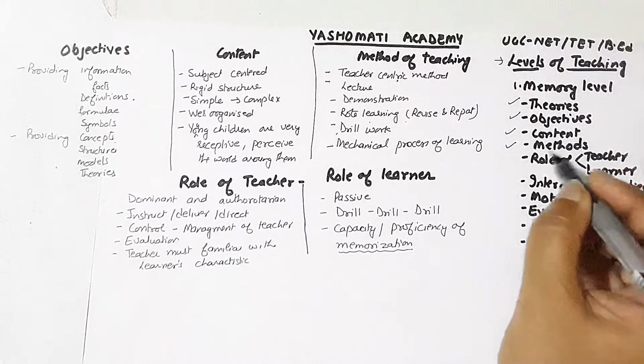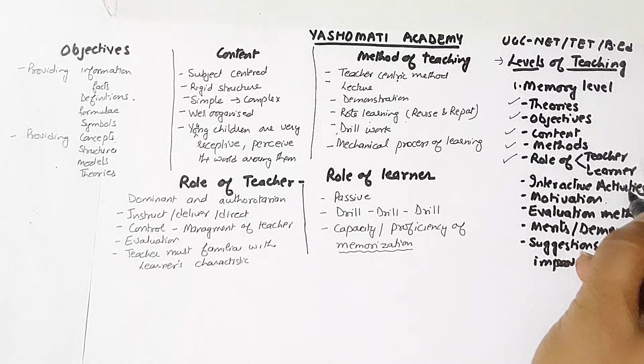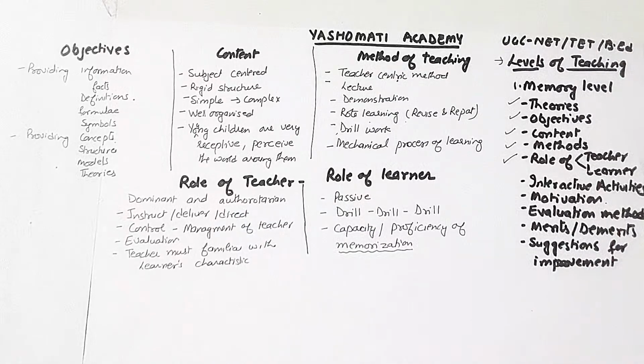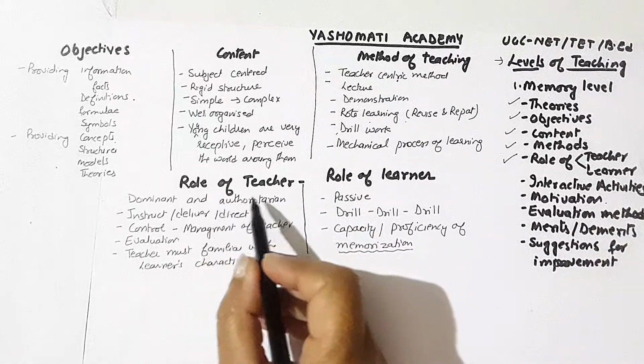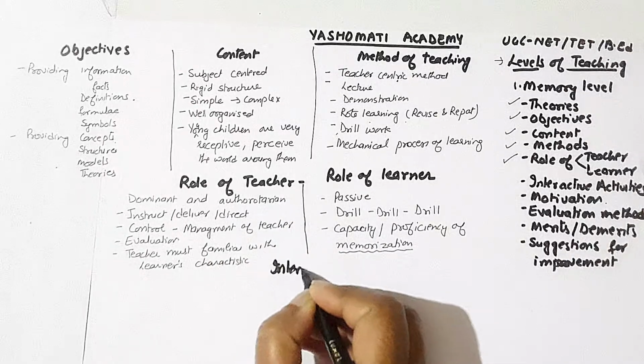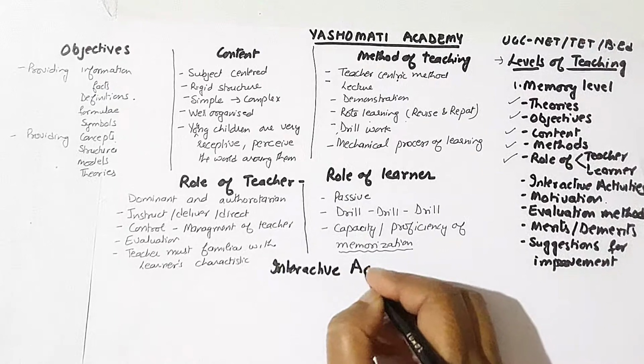Okay, so here we have discussed role of teacher and role of learner. Let us try to understand how this interaction process takes place. This interaction between role of teacher and learner is through certain activities.